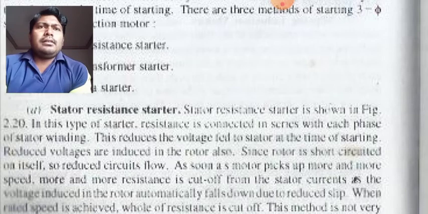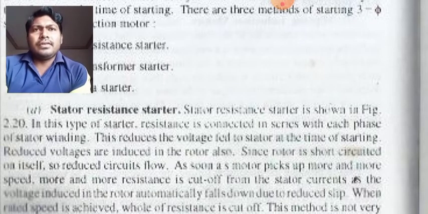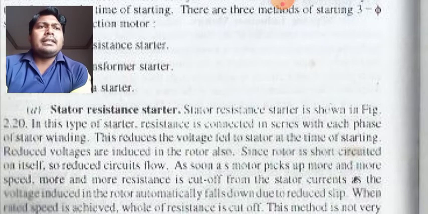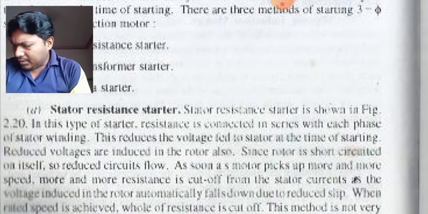Any machine consists of a stator part and a rotor part, so in the stator part we add a series resistance in each phase. This reduces the voltage fed to the stator at the time of starting, and reduced voltage is induced in the rotor also.